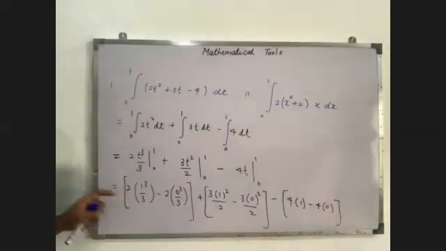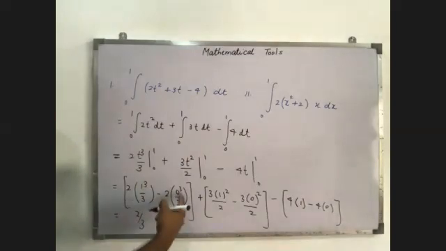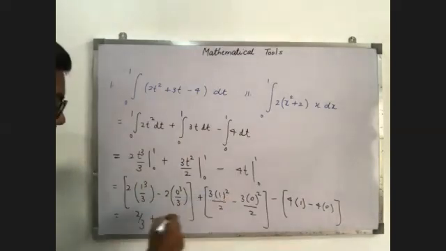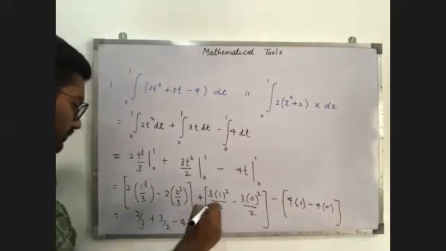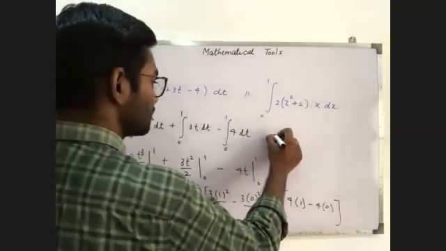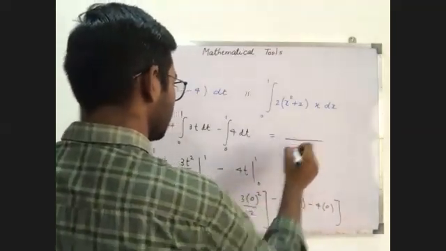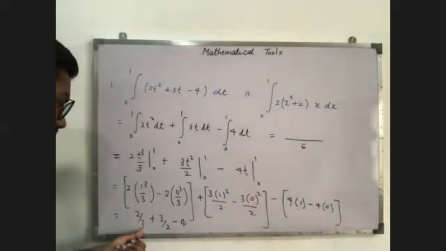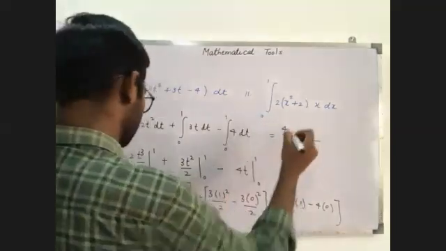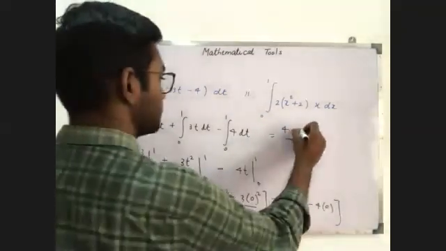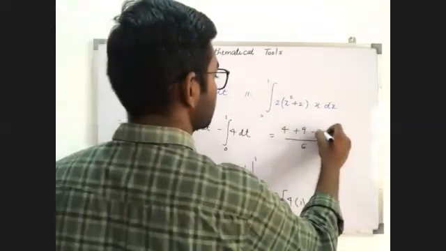So look here, this is nothing but 2 by 3 minus 0, plus 3 by 2, minus 0, minus 4. So if I look, taking the common denominator 6, this is going to be 3 into 2, 4, 3 times 3, 9, 6 times 4, minus 24.